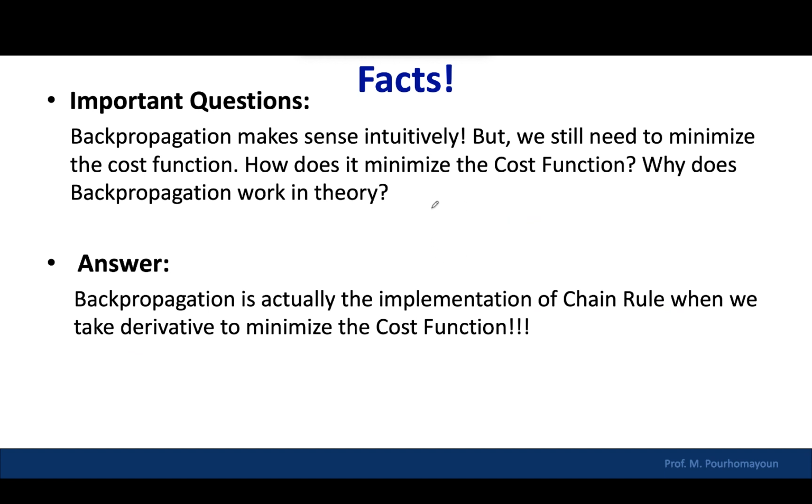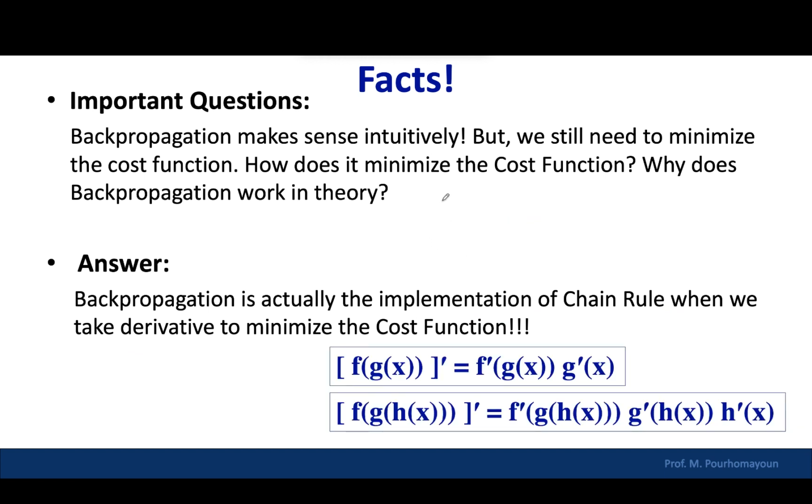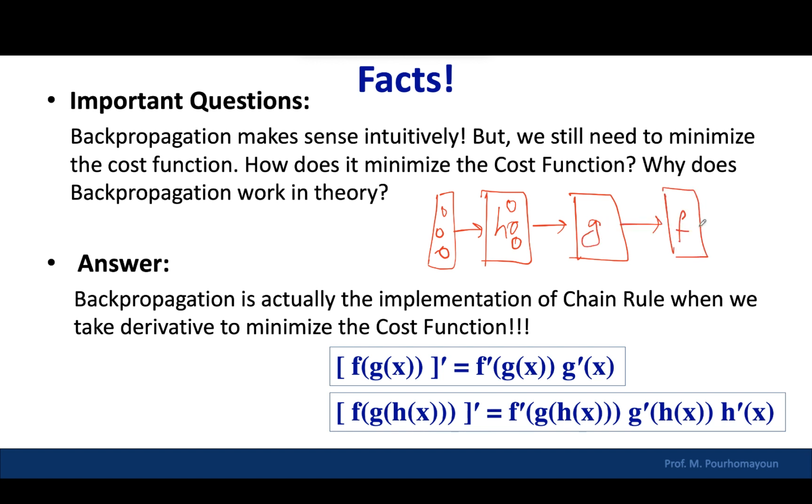So look, when you have a neural network, each neural network layer is like a function. I have an input layer, and then I have a first hidden layer, I call it H, and each one of them has some neurons, right? Then I have another hidden layer called G, and then another hidden layer called F, and then your output.